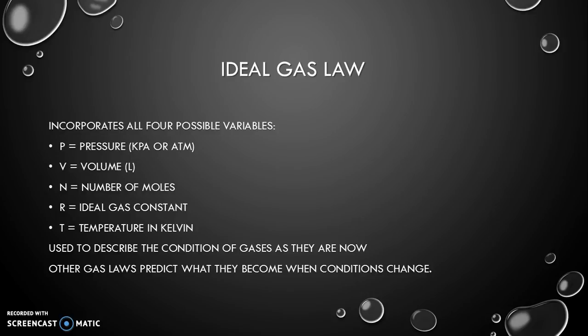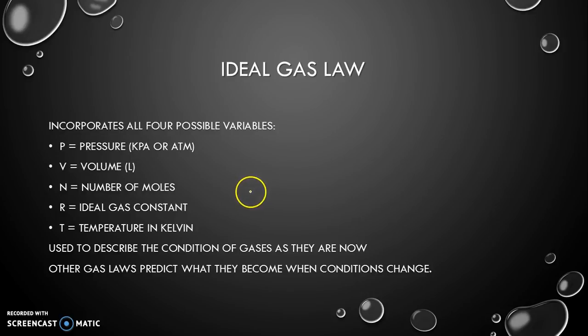So the ideal gas law is going to be used to describe the condition of the gases as they are right now. If you're trying to figure out which one to use, the ideal gas law or the combined gas law: if we're talking about how the gas behaves right now, you would use the ideal gas law. If you want to predict what your conditions will become when you change other conditions, that's when you would use your combined gas law.